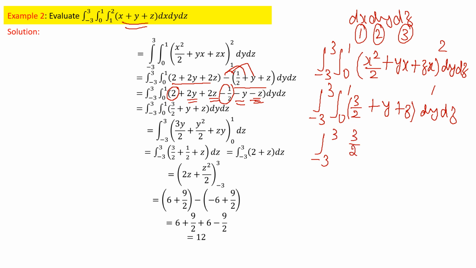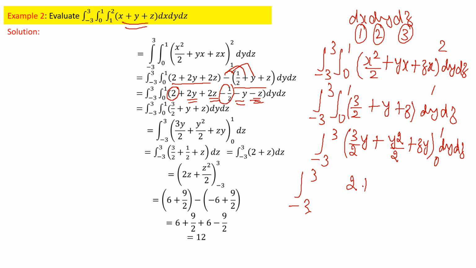Integration of 3 by 2 with respect to y will be 3 by 2 y, plus integration of y will be y squared by 2, integration of z with respect to y will be zy, between 0 to 1, dy dz. So we have minus 3 to 3. By simplifying this, we are getting 2 plus z into dz after substituting the upper limit and lower limit.